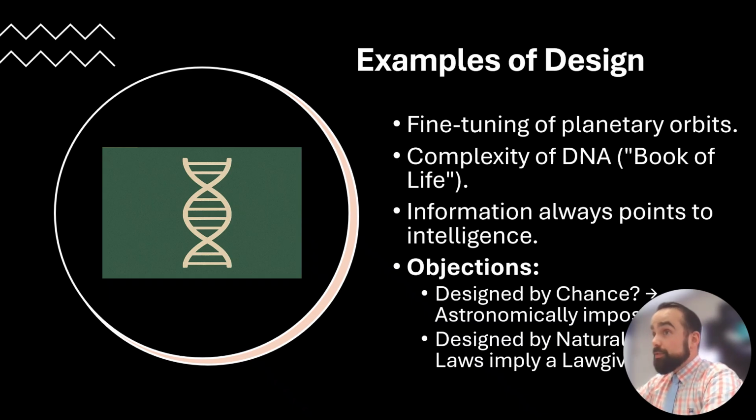And the functioning organisms, of course, look like they're designed because they have been selected for through natural laws, through natural processes. The problem with this theory is that laws themselves imply a lawgiver. To truly have natural law, you have to have someone who designed the law.